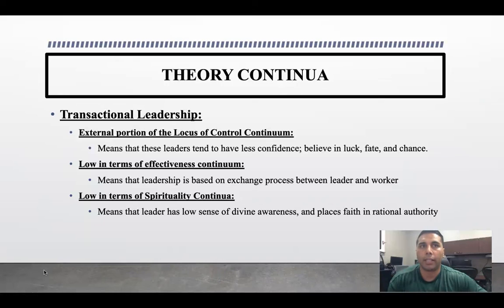Also, since the transactional leadership style was located at the low end of the bottom effectiveness continuum, this means that the leadership is based on an exchange process between the leader and the workers. Similarly, transactional leadership's low position on the spirituality continuum relates to the leader having a low sense of spiritual awareness and placing faith in rational authority.